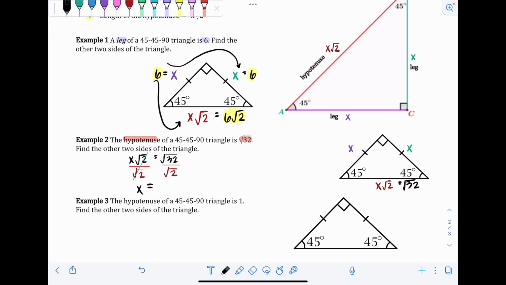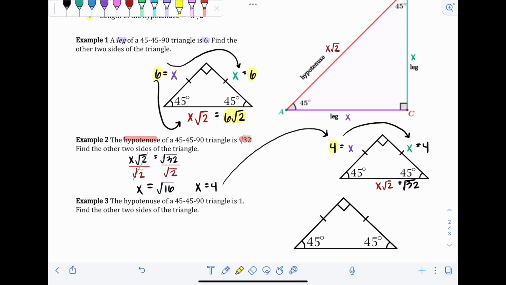So the square root of 32 divided by the square root of 2, you could do 32 divided by 2, and that would be the square root of 16. And the square root of 16 is 4. So we would end up with x equals 4, and that's going to be the same as this x. So this side is 4, and that means that the other leg is also 4.